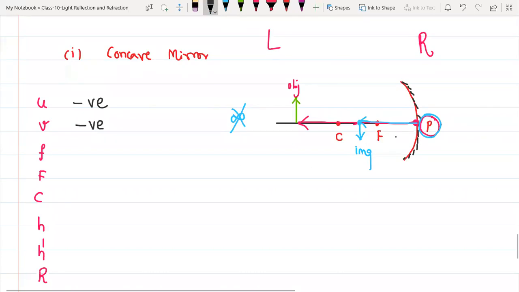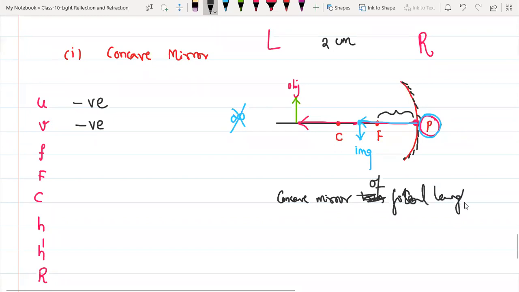Next, focal length. You see, this is the focal length. They will tell you in question, concave mirror has focal length of 2 centimeter, or concave mirror of focal length 2 centimeter is taken.